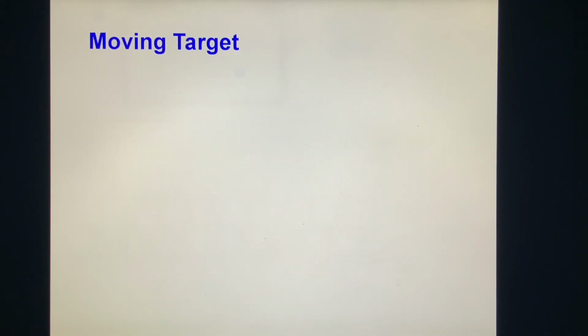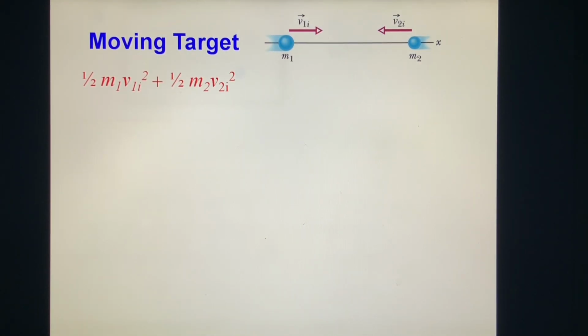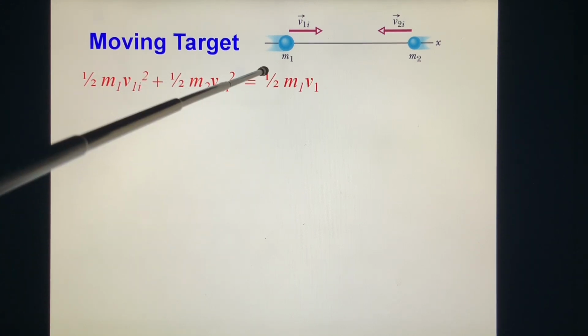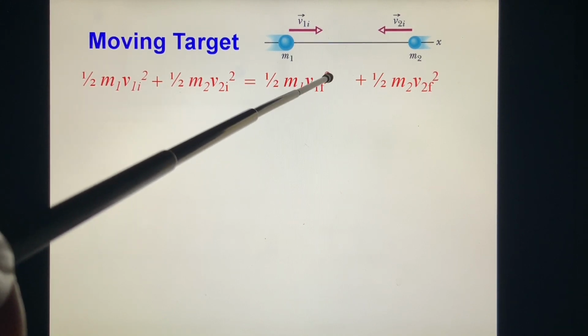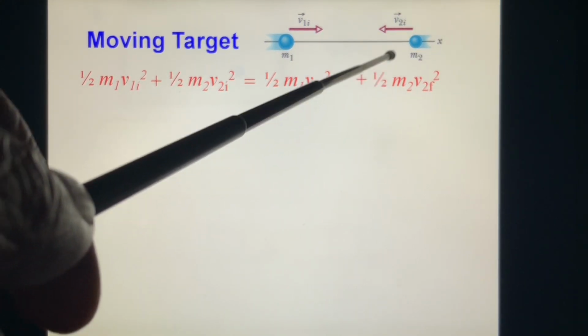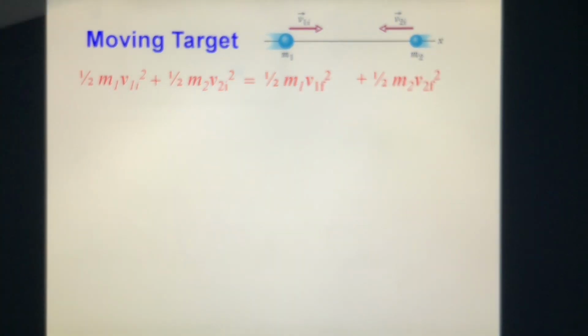Moving target. Both moving, okay? And we have energy conserved. Half m1 v1 initial square plus half m2 v2 initial square equals half m1 v1 final square plus half m2 v2 final square.